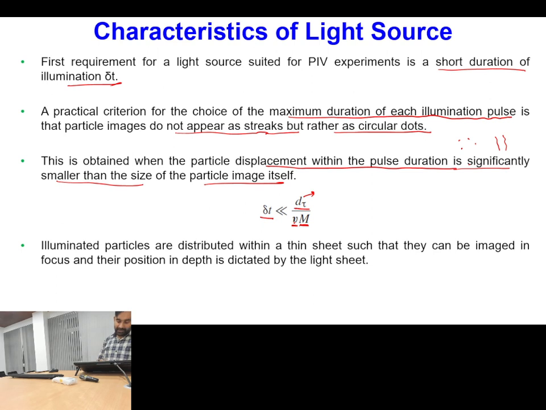Then illuminated particles are distributed within a thin sheet such that they can be imaged in focus, and their position in depth is dictated by the light sheet. Of course the sheet should be thin, then only we will be able to get the planar particles. Otherwise, some particles may come in one plane, some particles may come in another plane.